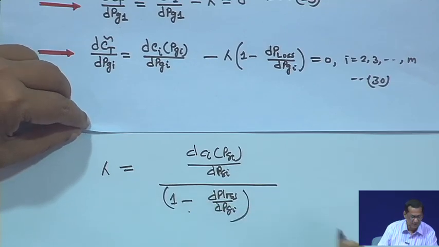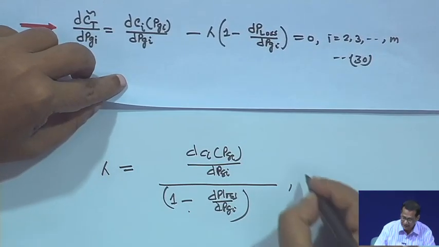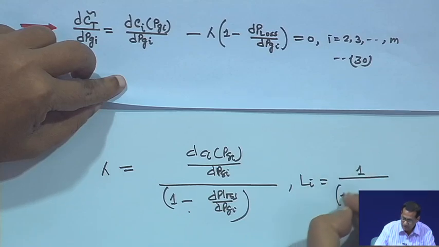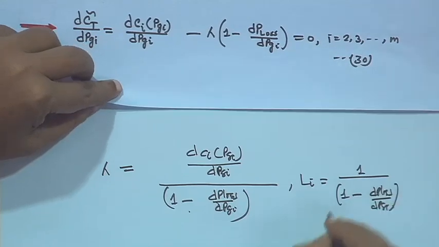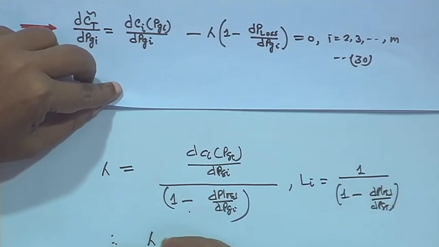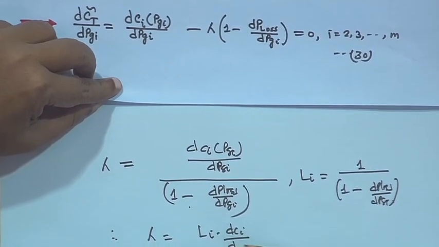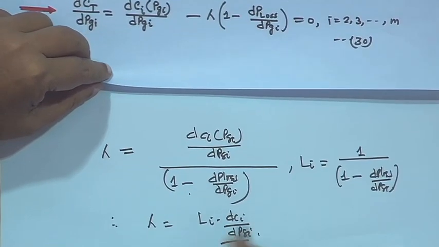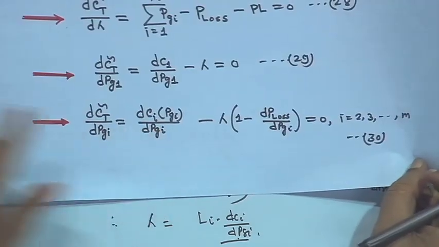This one we can write, and we are defining that Li is equal to 1 upon 1 minus dP loss upon dPgi. That means lambda is equal to Li into dCi upon dPgi. This is lambda. So, that is this equation only.